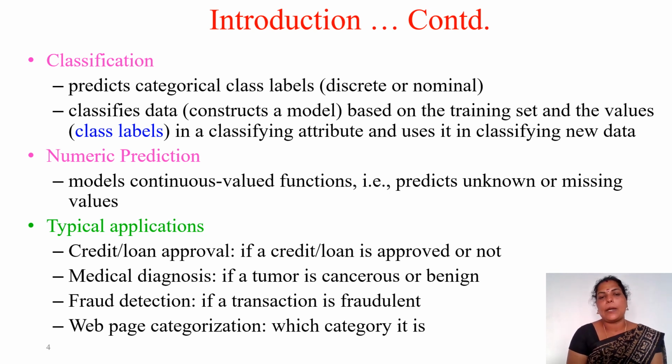In such a manner we can decide based on the old data, or the model constructed using the training data. Next, we can use classification or prediction in medical diagnosis, that is, if a heart disease is present or not, if COVID-19 is present or not, if a tumor is cancerous or benign. Then we can use it for fraud detection, that is, whether a transaction is fraudulent or not.